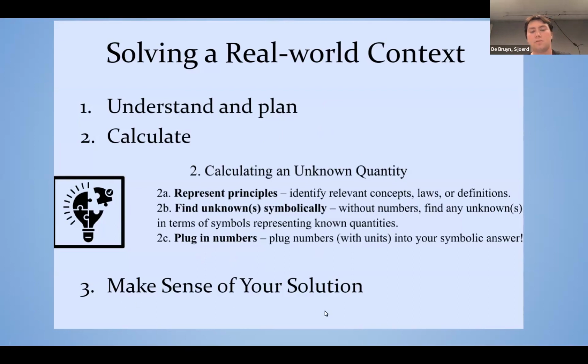And now we made sense of our solution by verifying the units and making sure that graphing it and representing it in a diagram made sense with the problem itself, because if it didn't, then we wouldn't really be sense making the solution. I think that is it.